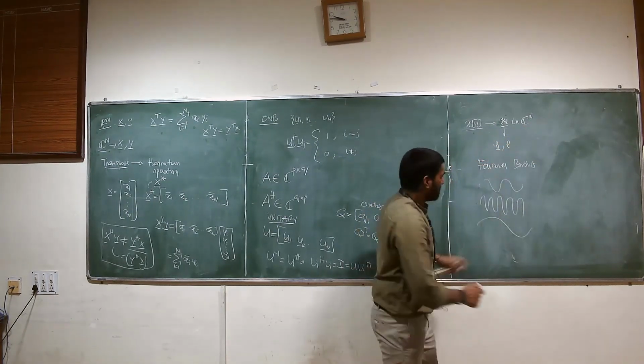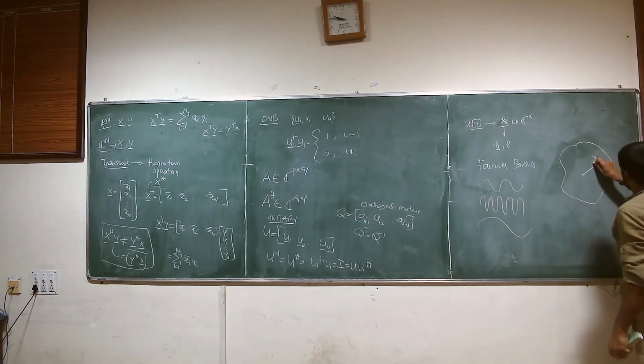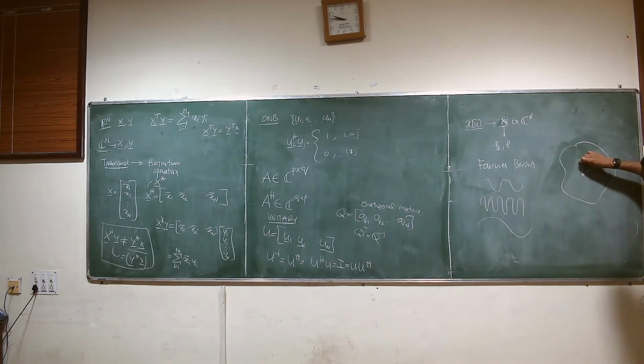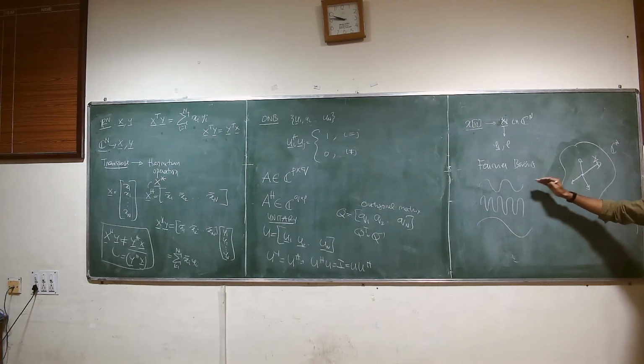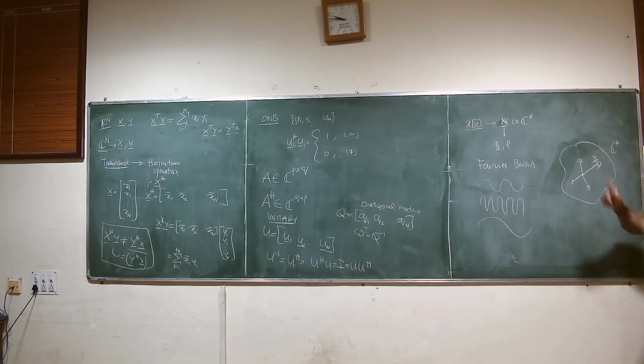So if this is Cn and this is my original time domain signal x, maybe, each of these would be arrows in my space Cn, right? And if you're talking about sinusoidal signals, it turns out that these are not just any arbitrary arrows in Cn, but these in fact have a very nice property.